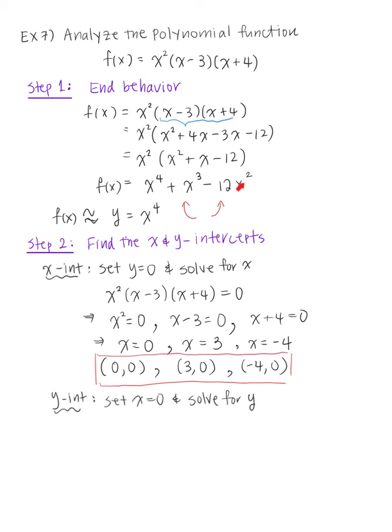So do you see that our y-intercept is going to be 0? But anyways, let me just write f of 0 is 0 to the fourth plus 0 cubed minus 12 times 0 squared, which is 0. So our y-intercept is going to be at the origin.